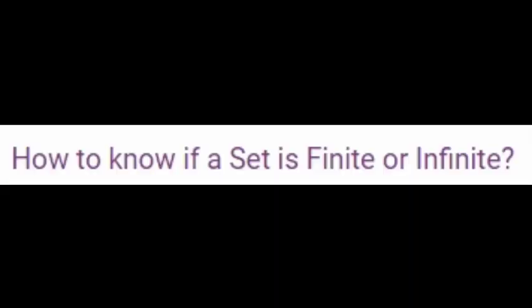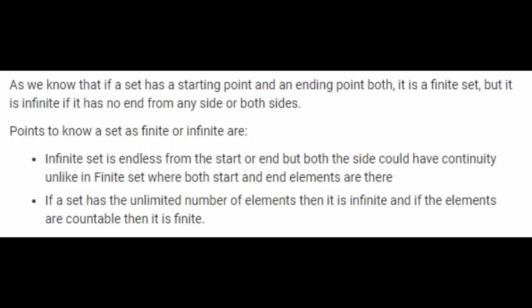How do we know if a set is finite or infinite? If a set has both a starting point and an ending point, it is a finite set, but it is an infinite set if it has no end from any side or both sides. Here are points to know whether a set is finite or infinite. An infinite set is endless from the start or end.